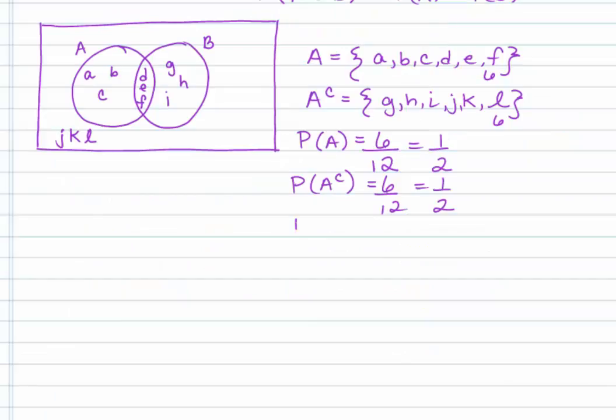The complement rule again: the probability of not getting an A is 1 minus the probability of getting an A. Total, they'd make the whole thing. So they'd make 1, and if you take the probability of getting an A away from 1, you'd be left with the probability of not getting an A. And that's the complement rule.